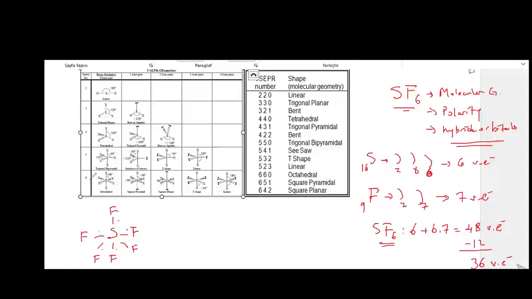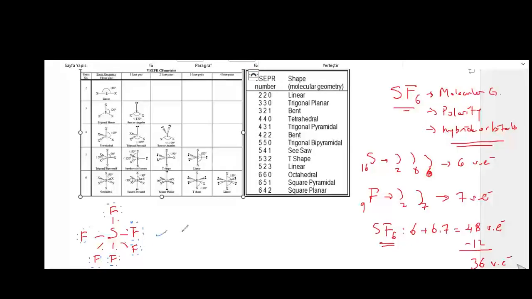Then you are going to share these valence electrons with each fluorine atom. As you remember, each fluorine atom should have 8 valence electrons, because the fluorine atom obeys the octet rule. That's why 2, 4, and 6 for each fluorine atom.